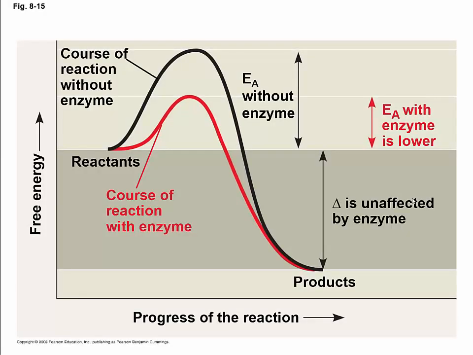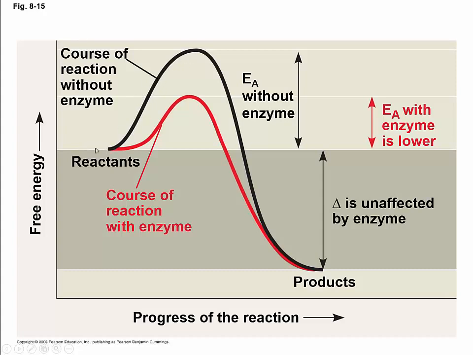When you look in your textbook, or you look in pretty much any of the literature about this kind of work, this is really the kind of thing that you'll see. And we'll come back to this in Chapter 5. So if we look at this graph, we see free energy on the y-axis, the amount of free energy, and the progress of the reaction on the x-axis. The black line is showing us the course of the reaction without the enzyme.